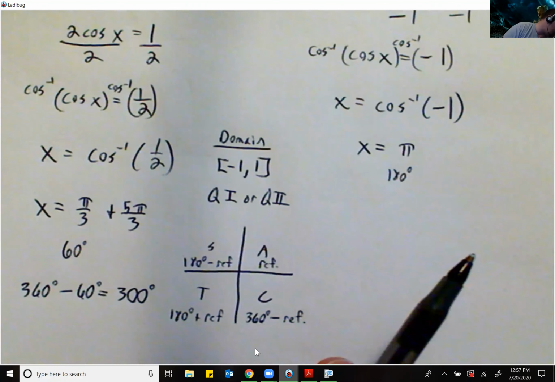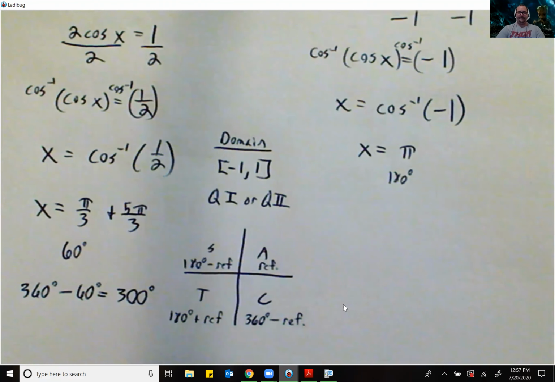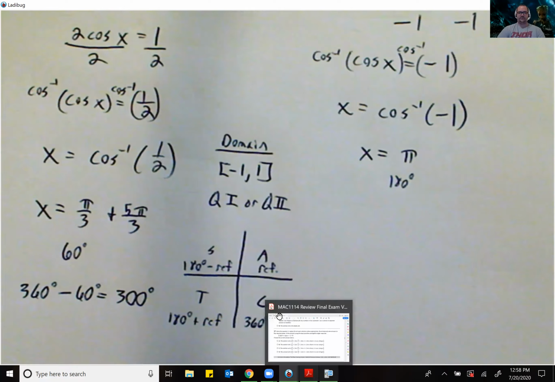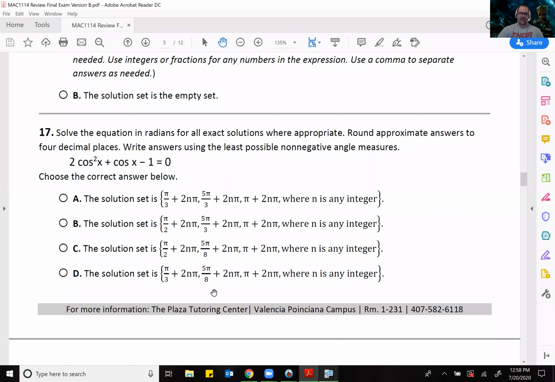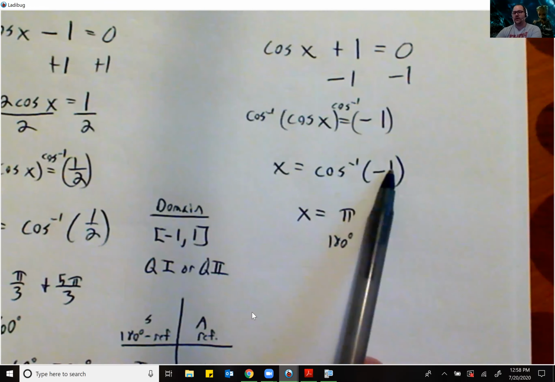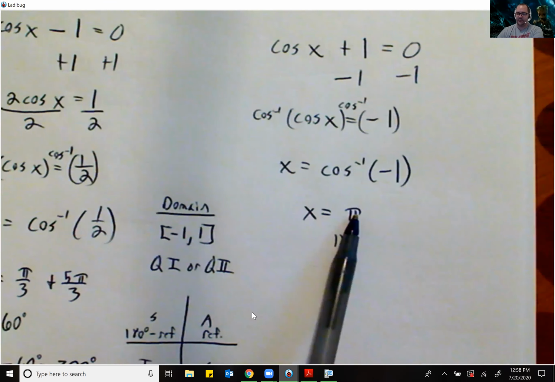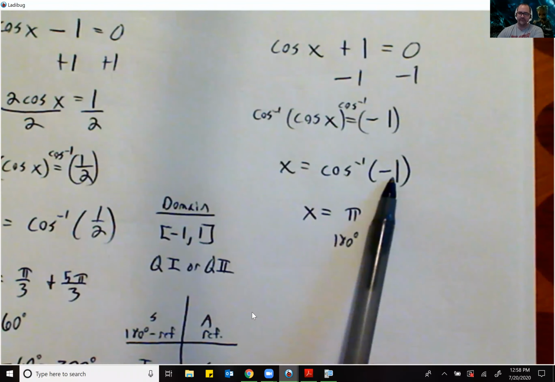And for the last one, if you look at your answers, there really isn't another angle for this one. Because if you think about this, cosine has to be -1, and this is at pi. Or in other words, what we're saying here is x has to be -1.